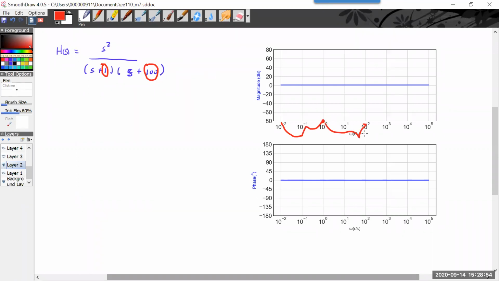But then I also have 100. Well, that range is already covered. So when I'm doing my hand plot, I'd have to take into account that whole region. But it's also got two zeros at 0.